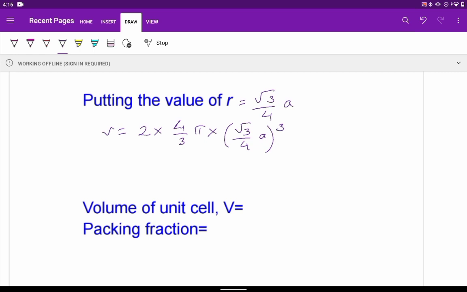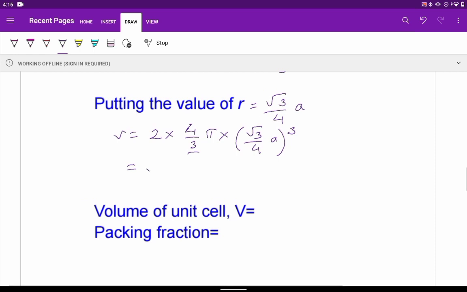Now when we multiply all this, what will we get? See, it is root 3 into root 3 into root 3. So it will be 3 root 3. That 3 will get cancelled with this 3. So finally what you get? We get root 3 pi a cube.